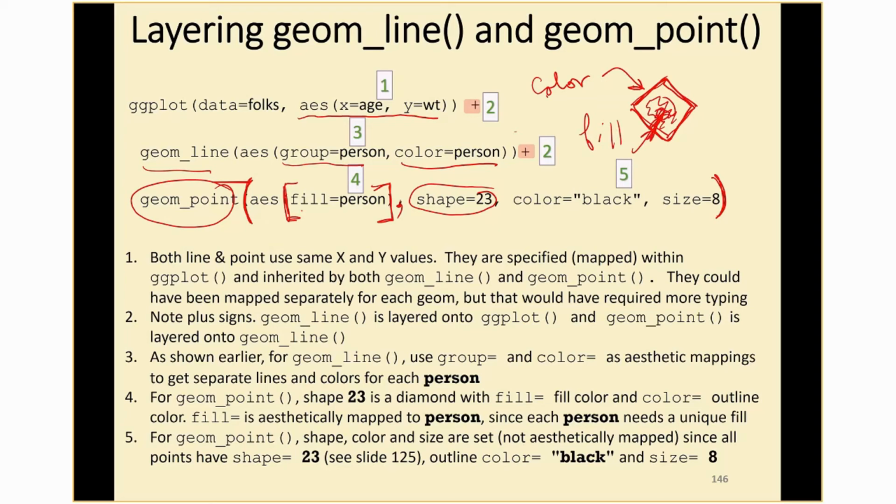So what I'm going to do is map fill onto person. So every record is going to be evaluated, and the value of person is going to determine the predominant inner color. The shape 23 is going to give me this shape. Color equals black is going to just specify the border color. And size equals 8 is going to determine the size of the point.